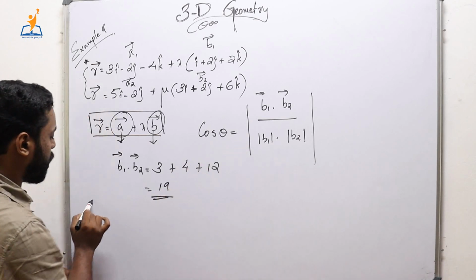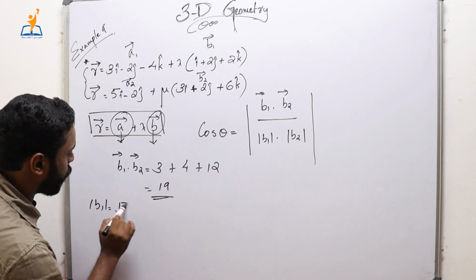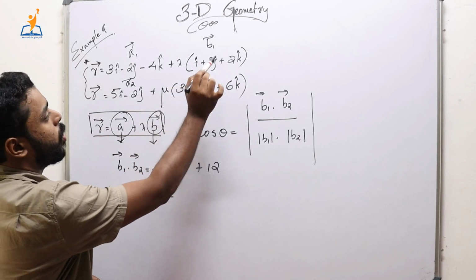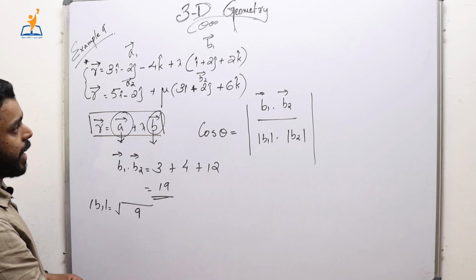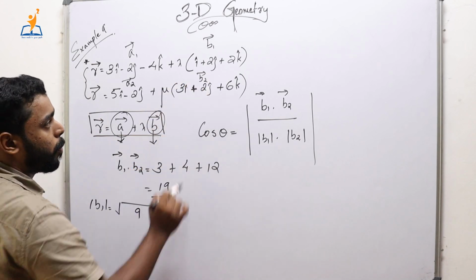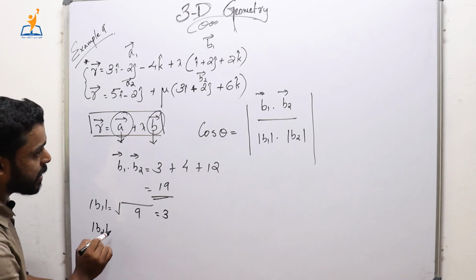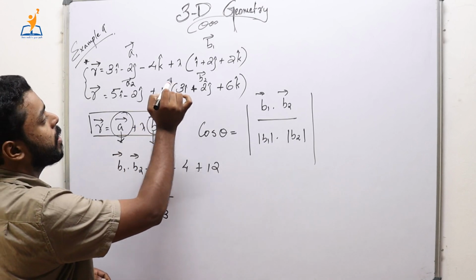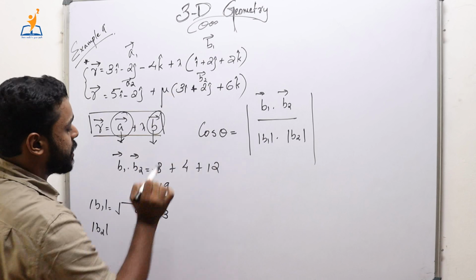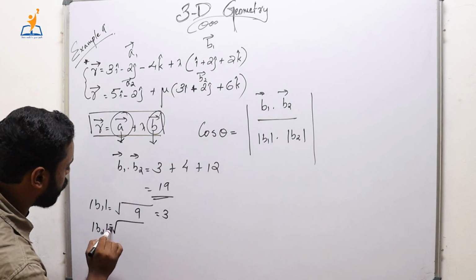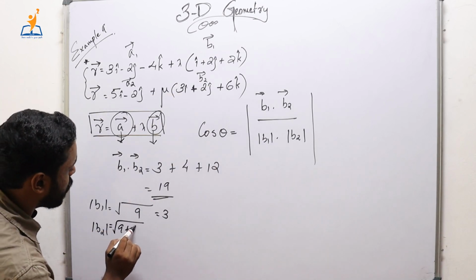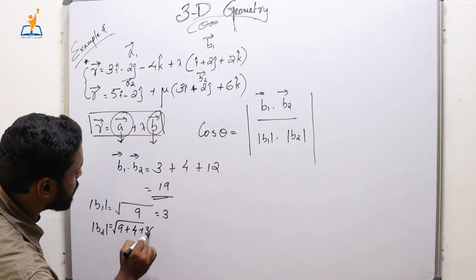Now mod B1 is equal to square root of 1 square plus 4 plus 4. 1 square plus 4 plus 4 is 9, so it is 3. Now mod B2 is square root of 3 square plus 2 square plus 6 square, that is, square root of 9 plus 4 plus 36.